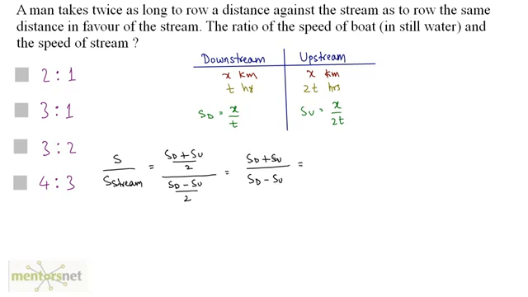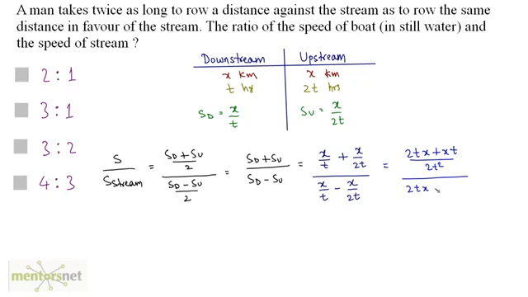So let's put in the values. We have the downstream speed as x by t plus the upstream speed as x by 2t. In the denominator we have x by t minus x by 2t. So this is basically equal to 2tx plus xt by 2t square upon 2tx minus xt upon 2t square.